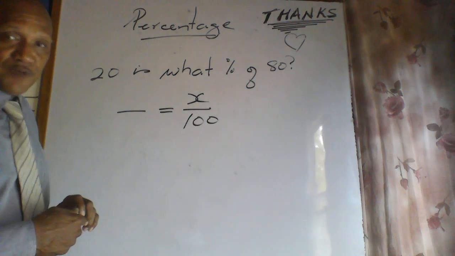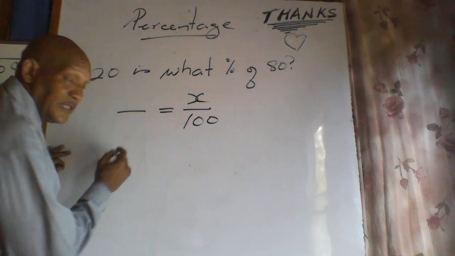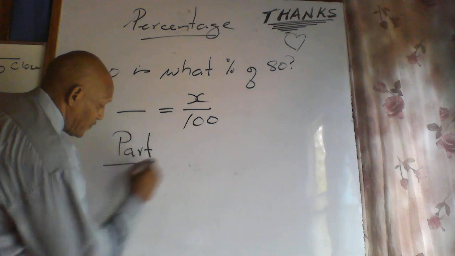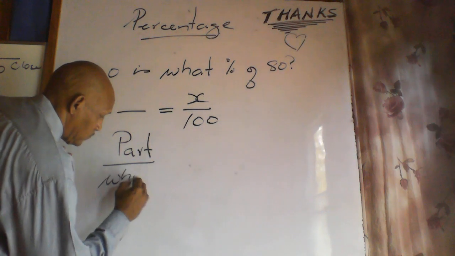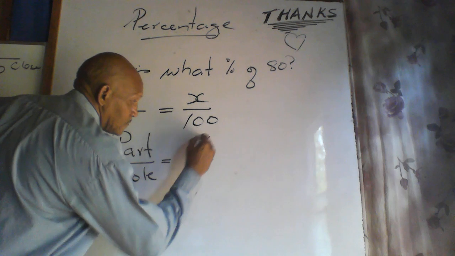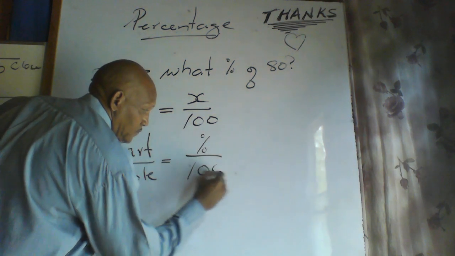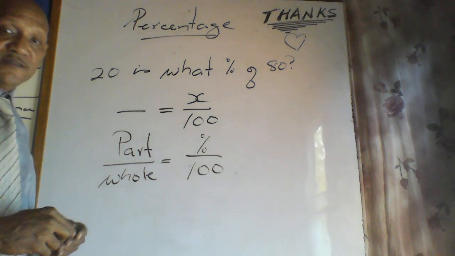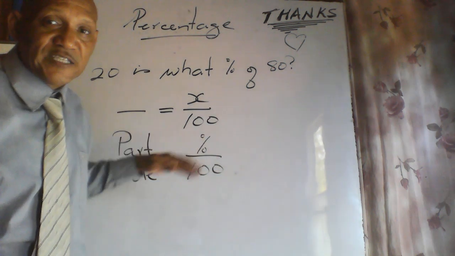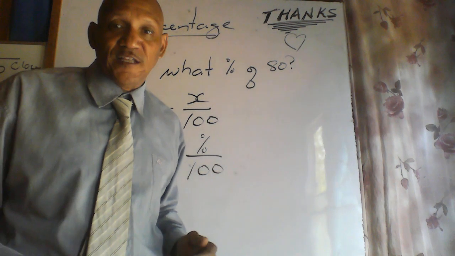So let me write something real quick. A proportional problem in a percentage is part over the whole is equal to percent over 100. This is my percentage sign. That is what a percentage sign looks like.